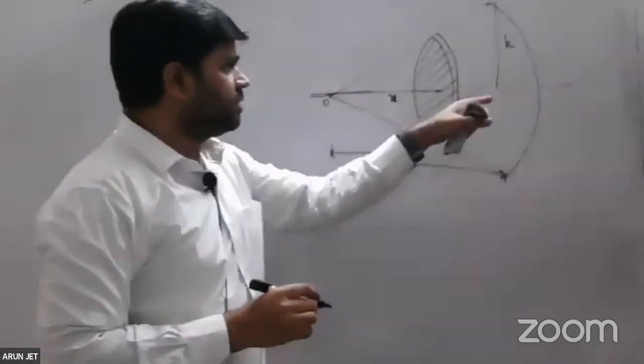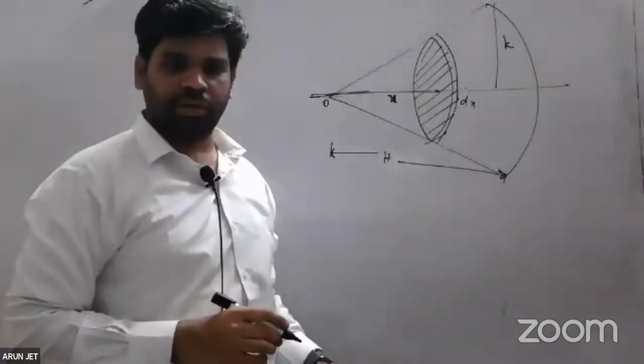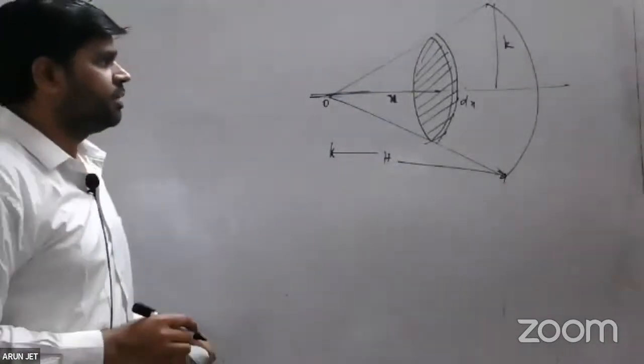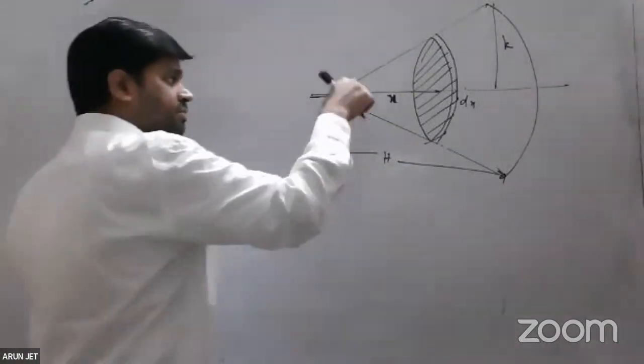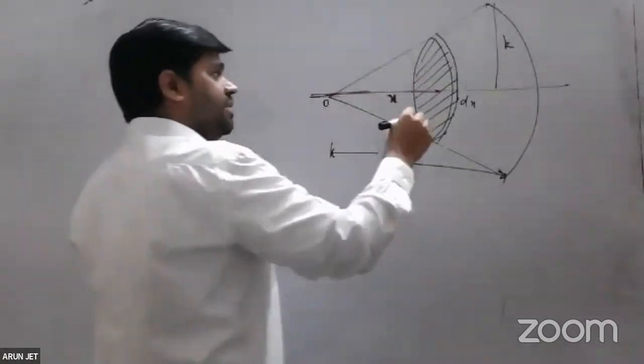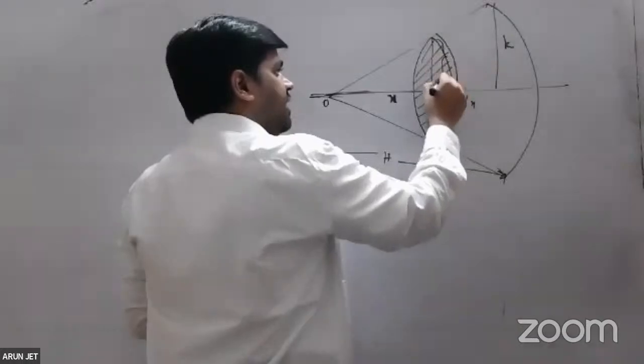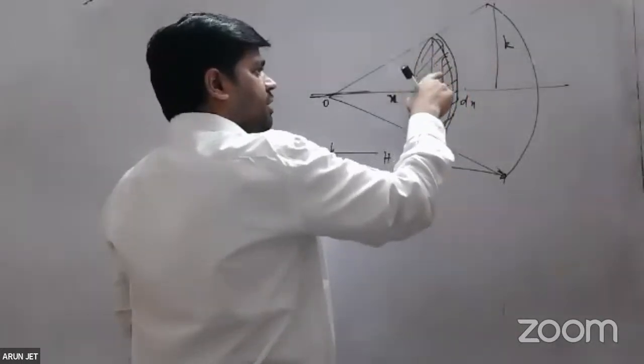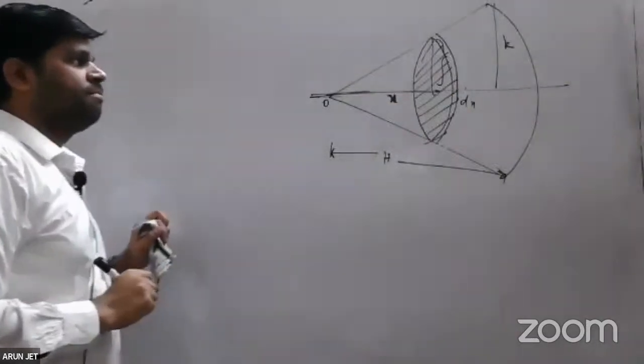When I sum up all these volumes, I'll get the volume of the cone. All right. So what is the volume of this thin disk? Area into dx. But what is area? This is my radius. So pi r square into dx.